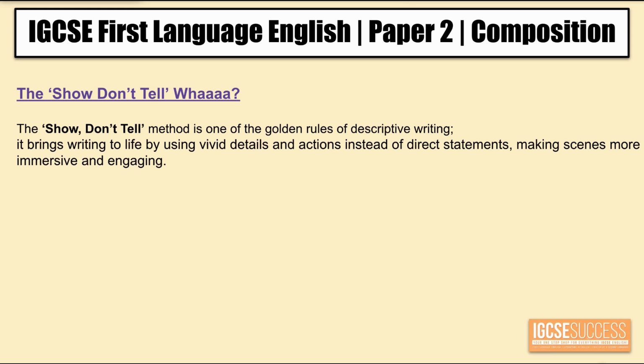Often when I'm marking the descriptive essays or pieces that my students produce, I might circle sentences and say something along the lines of, this is a telling sentence, this is a showing sentence. Turn this telling sentence into a showing sentence. You get the drift.